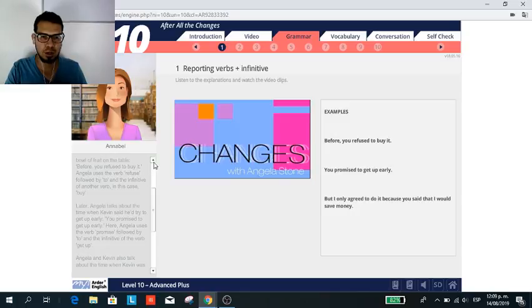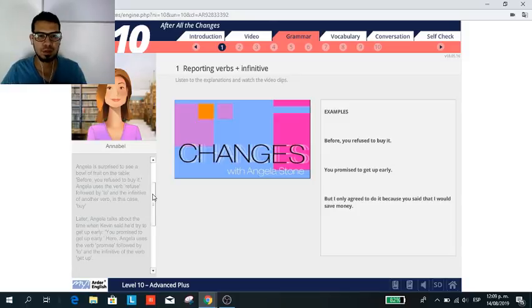Remember, we are working on reporting verbs. After the verbs, we use the infinitive with to. It is followed by to and the infinitive of another verb. That's the only way two verbs can go together.